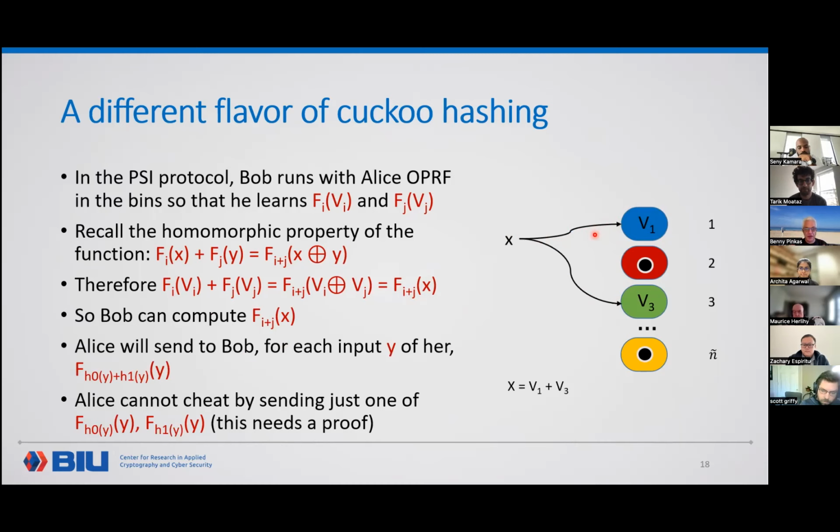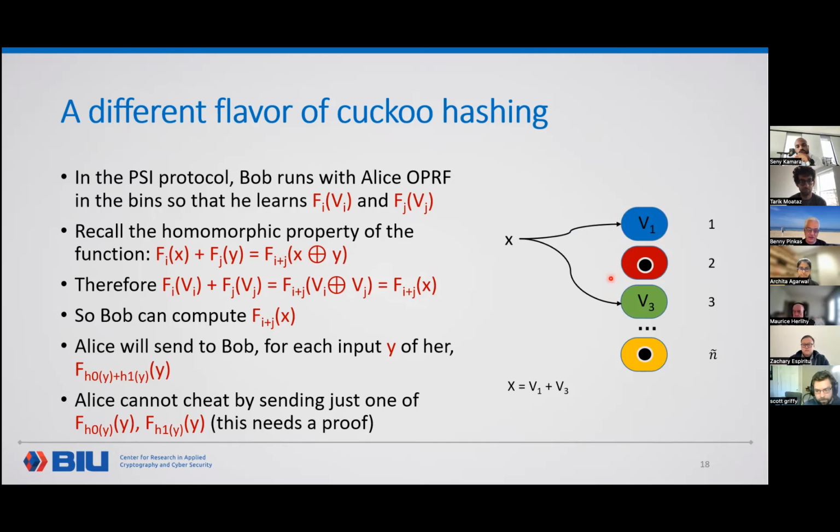She has to send information that corresponds to both bins, and she doesn't know if Bob was asking about the first bin or the second bin, because he's going to ask something about X in this bin and also in that bin. I didn't describe how to prove things about the security of PSI, but this was the only remaining issue: that Alice can do this selective failure attack on Bob.